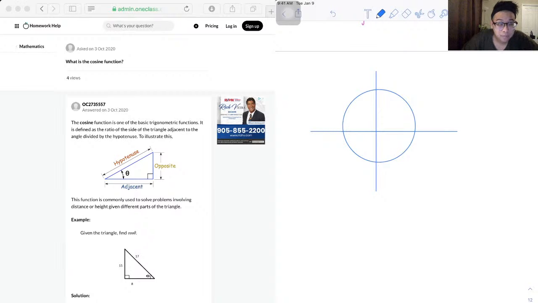All right. So this point is (1, 0) and (0, 1), (-1, 0) and (0, -1).